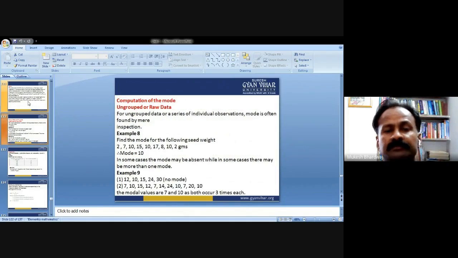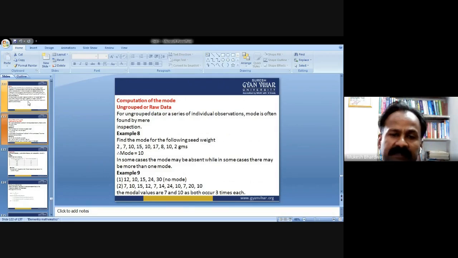Computation of the mode for ungrouped or raw data. For ungrouped data or a series of individual observations, mode is often found by mere inspection. Example: find the mode for the following seed weights: 2, 7, 10, 15, 10, 17, 8, 10, 2. These are some weights of the seeds given to you. So, what is the mode?